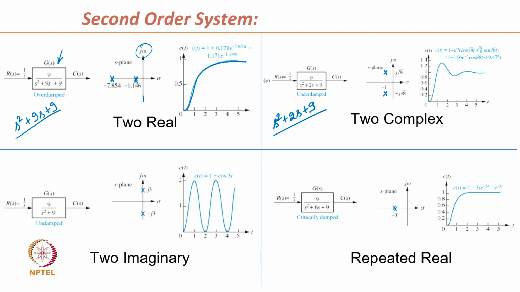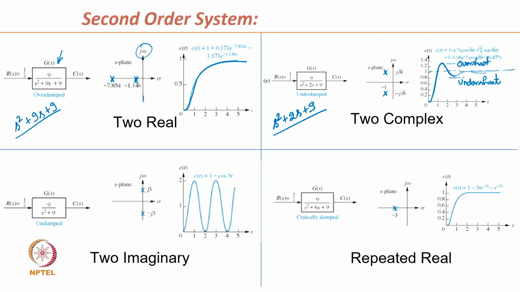So, in that case the system is underdamped and the system will have overshoots and undershoots. So, this is called overshoot and this is called undershoot. And in between we have the steady state value.